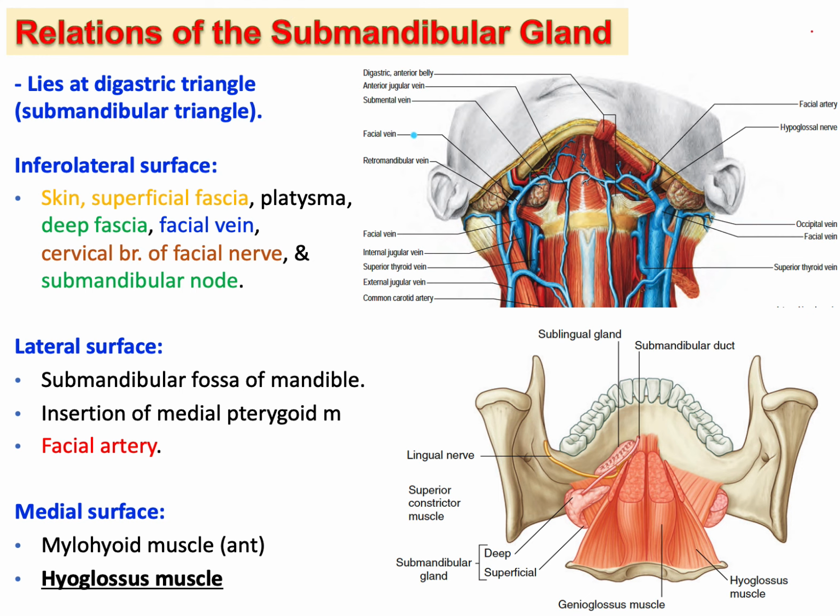Of course, I'm talking about the inferolateral surface. That means what's the relation of the gland from this side, right? From this area. Inferolateral. Laterally and inferiorly. So we have, guys, the skin, of course, and deep to the skin there is a superficial fascia, a thin layer of fatty tissue.